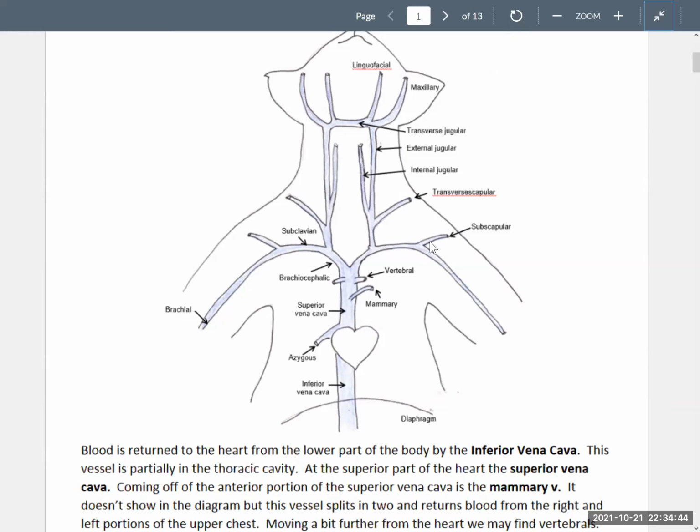Actually, it's coming from the scapula. We know it goes in this direction. After you pass the subscapular, all the rest is called brachial. The only vessel that we're doing anyway. So it's going to be superior vena cava, brachiocephalic, subclavian, branching at the subscapular and the brachial.